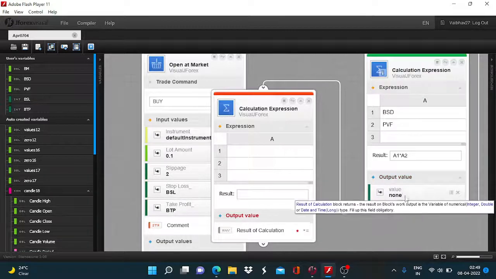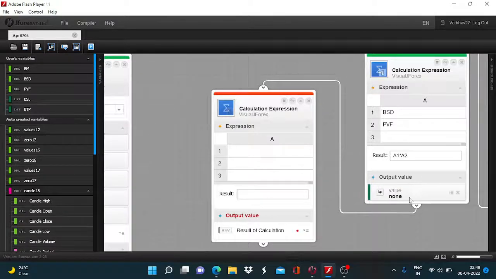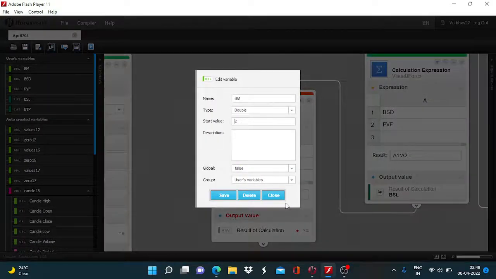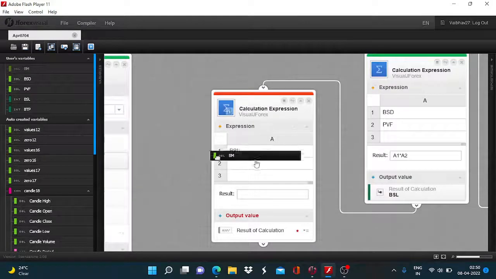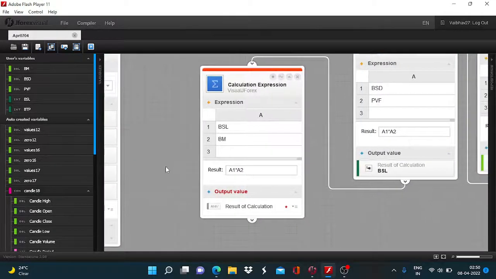So this variable has now been assigned to the output value of this calculation, and we take whatever the stop loss is, multiply it with this variable with the start value of 2, and then it becomes A1 into A2.